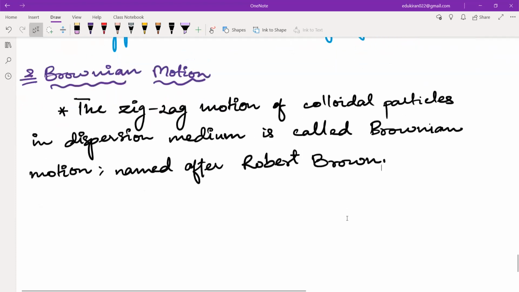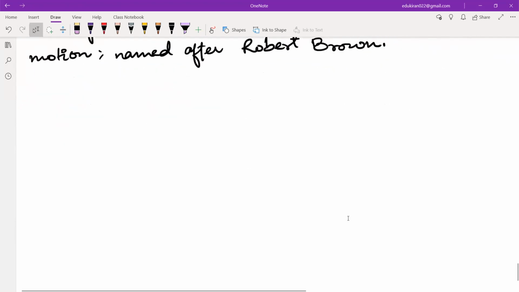Then coagulation of lyophilic salts, then protection of colloids. We did that also. So you did protection of colloids and coagulation, electrophoresis also. Okay, electrophoresis will be there. And application. Okay, fine then. Fantastic. There are few things that we will do. Electrophoresis.